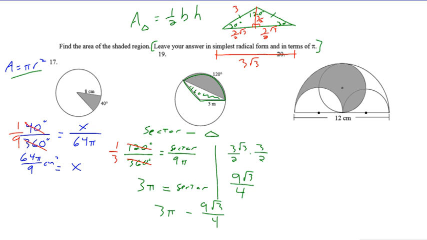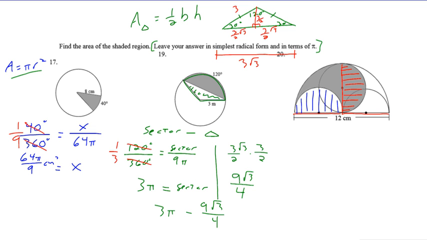20 is a hard problem until you see it, and then it's fairly simple. If we were to break this in half, I know that we have 3 congruent small circles inside the big semicircle, because the diameter of each of these small circles is 6 centimeters, the radius of the big semicircle, which means that the area of this piece right here is the same as the area of this piece right here.